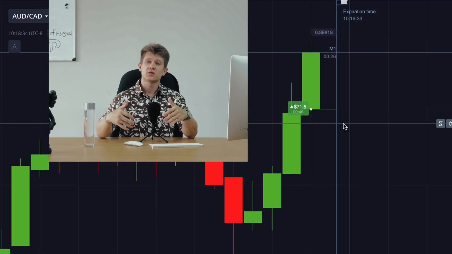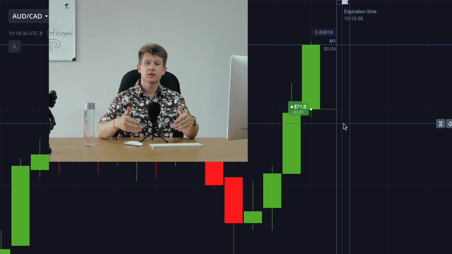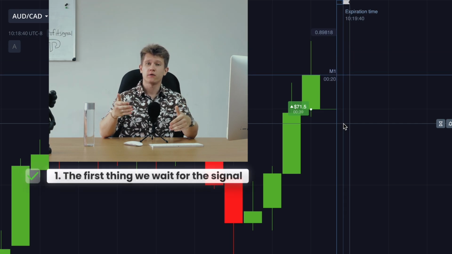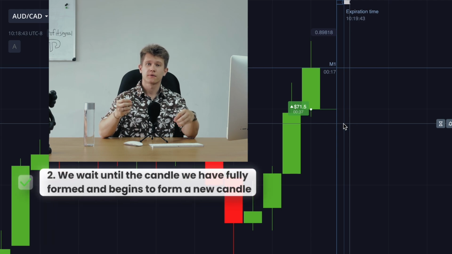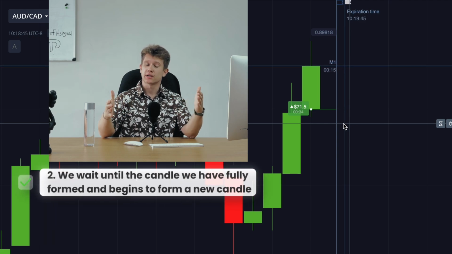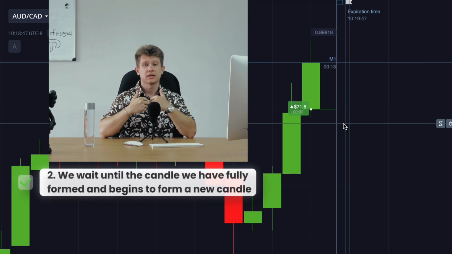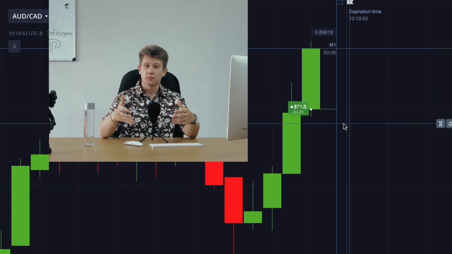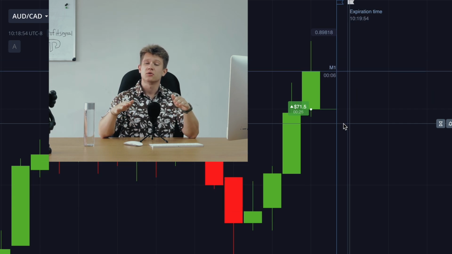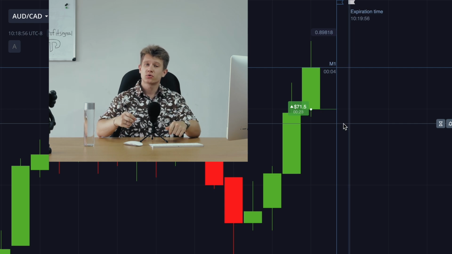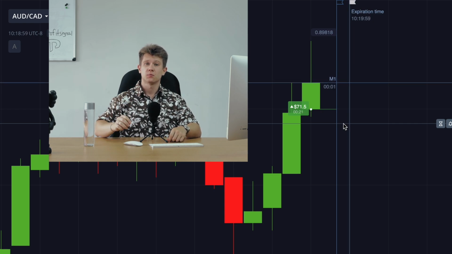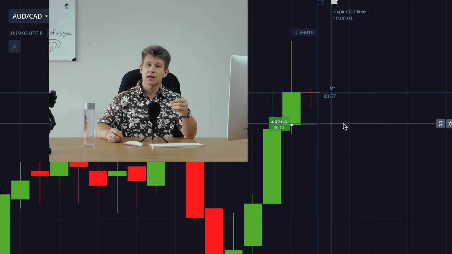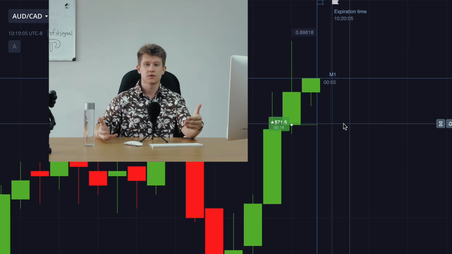Friends, let's summarize once again. Let's start in order. The first thing, we wait for the signal to appear, which is very important. The second thing, we wait until the candle has fully formed and a new candle begins to form. If you get into the market when the market after the signal has already grown or fallen, you risk losing all your money, because the use of the strategy implies complete, systematic adherence to all the rules.